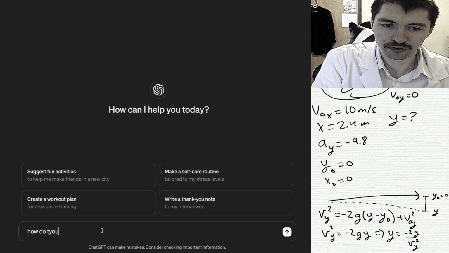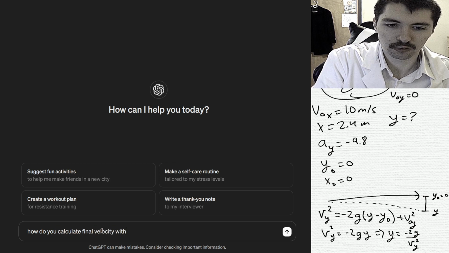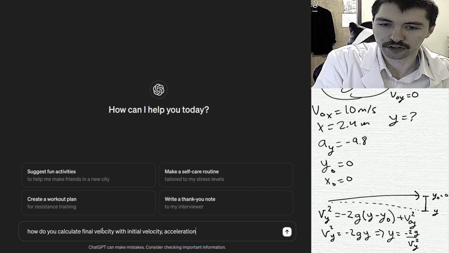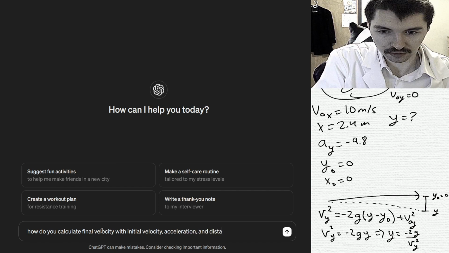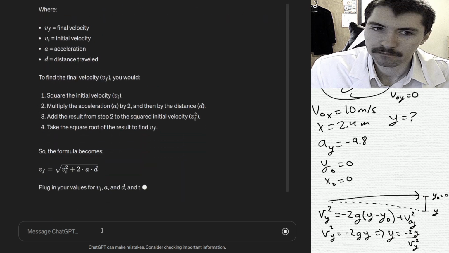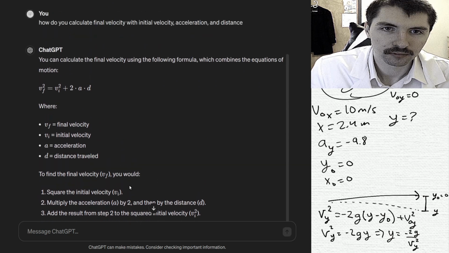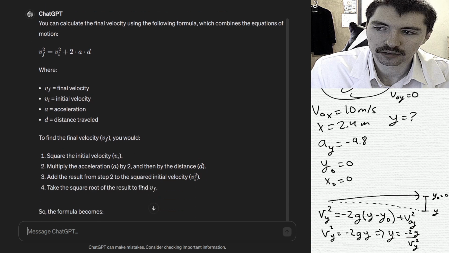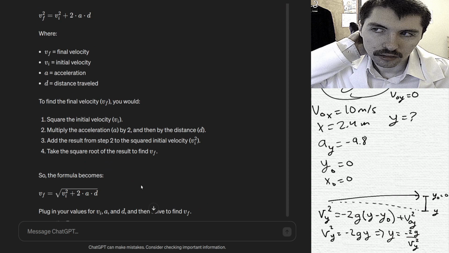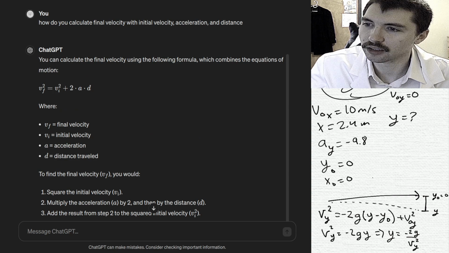So how do you calculate final velocity with initial velocity, acceleration, and distance? Okay, so maybe we find the x.